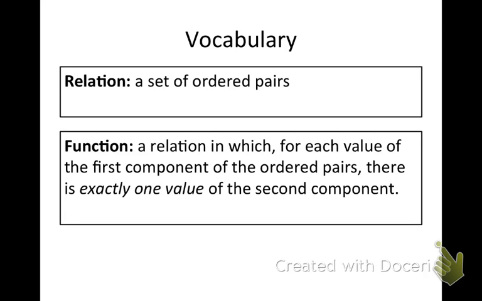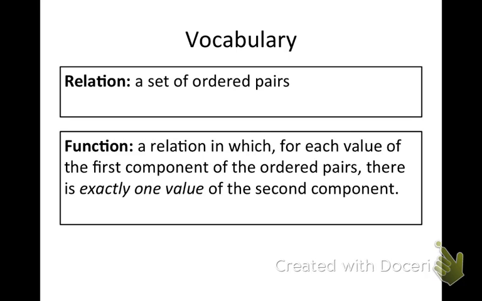The definition: for each value of the first component of the ordered pairs, there's exactly one value of the second component. Right, so it's only getting paired with one value of the second. Then you have to move the comma. Because how that says there's only one value of the second component.